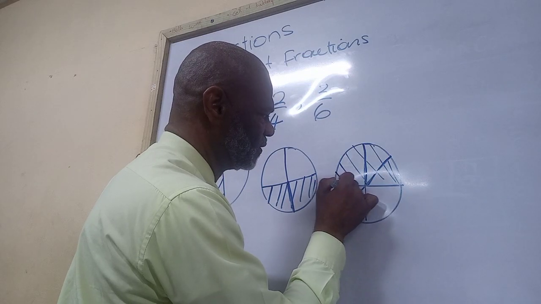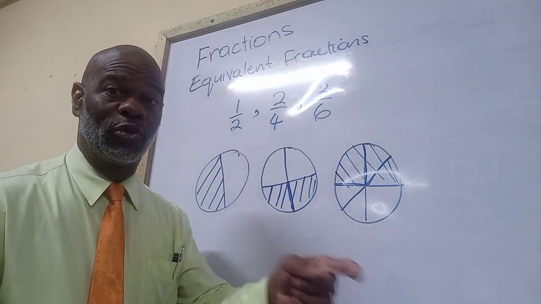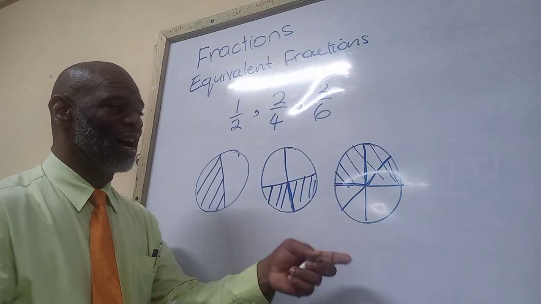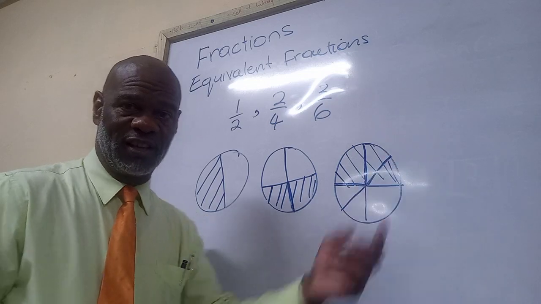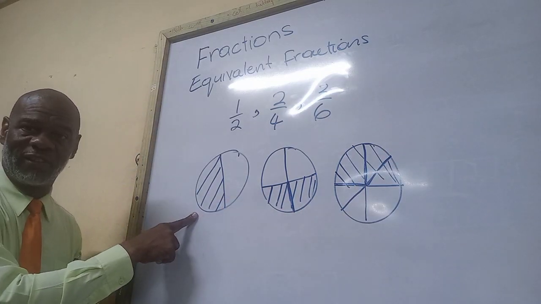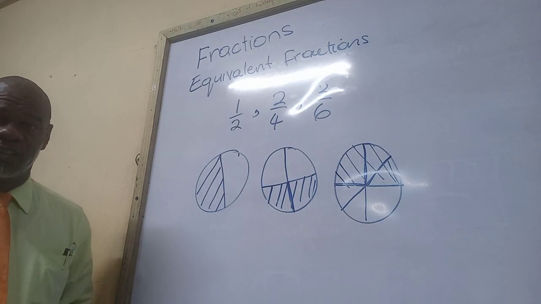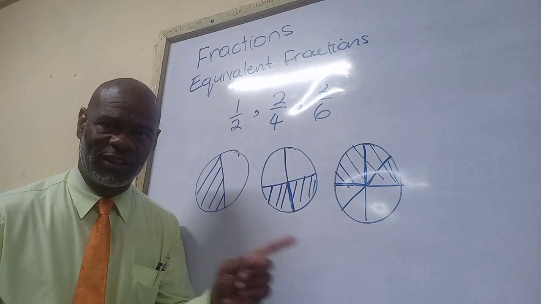So we have given away 3. Now notice that we have given away a half of the pizza in this case. We have also given away a half of the pizza here, and over here we have given away a half of the pizza. So in all cases, we have given away half of the pizza.